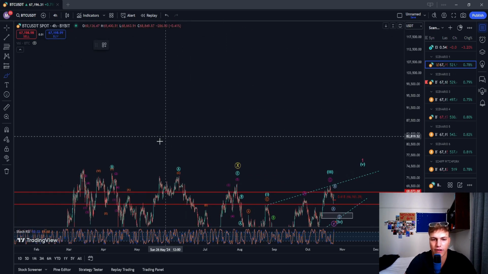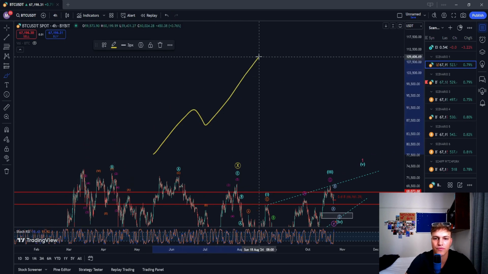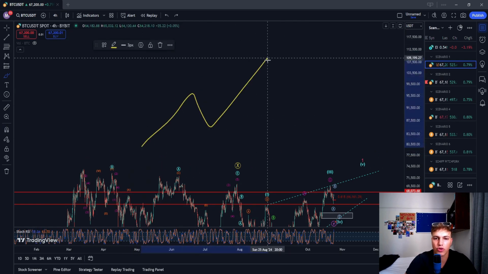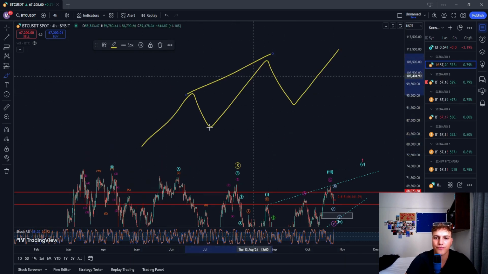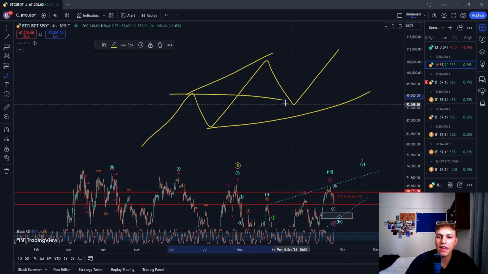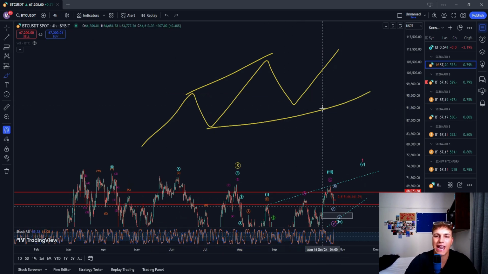Either we're looking for an impulse, or we're looking for a diagonal, a 1, 2, 3, 4, 5, where these are converging trend lines, and wave 1 and wave 4 overlap in price.